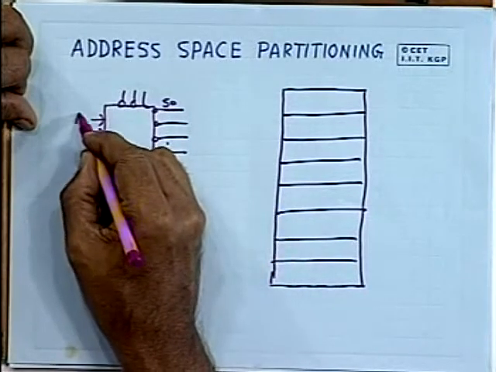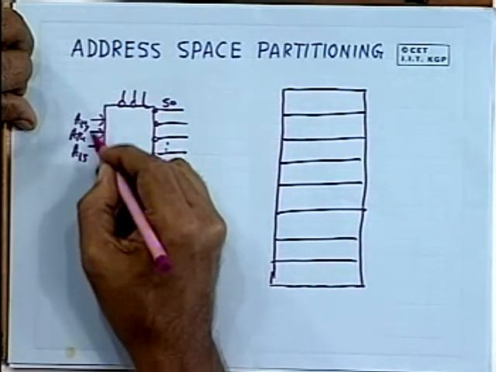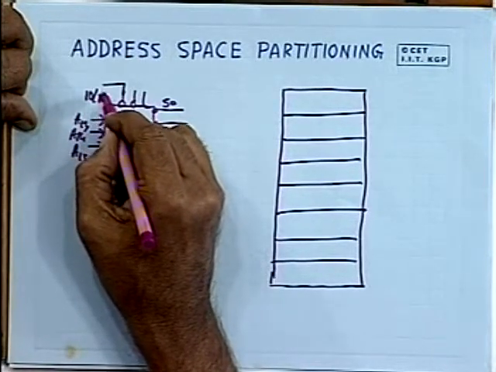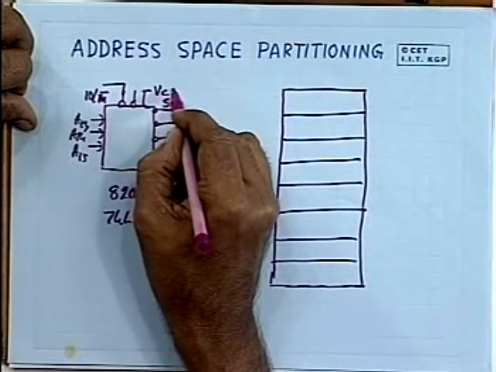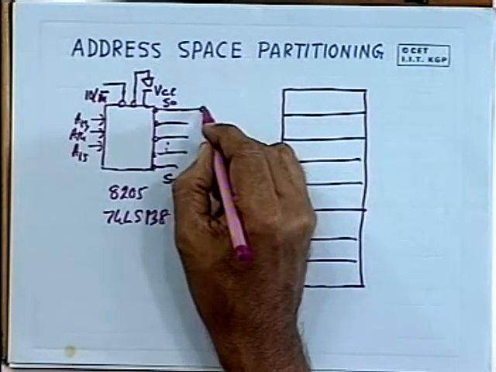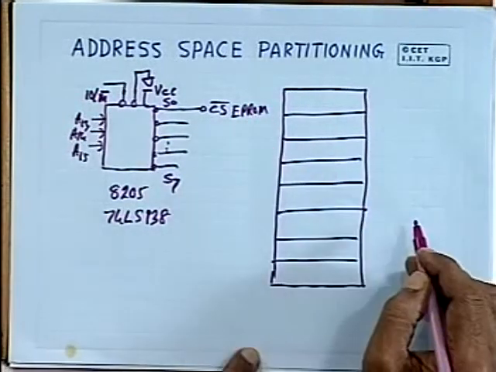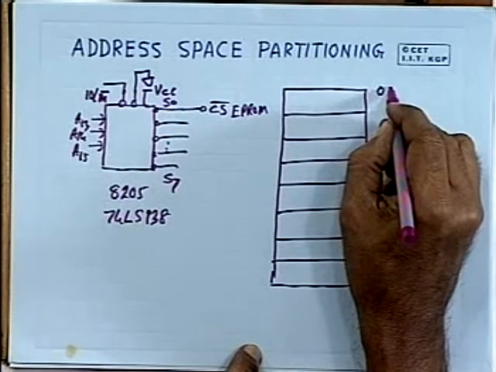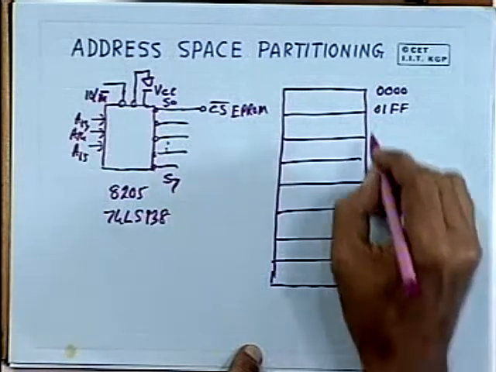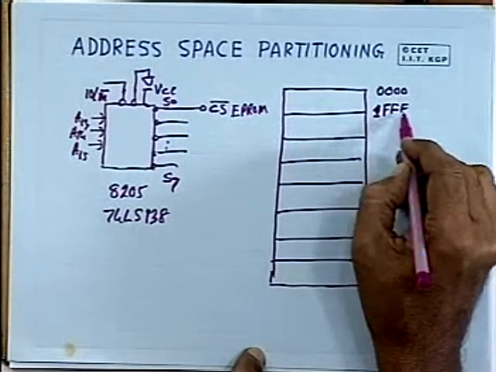So we apply A15, A14 and A13 as the inputs to the decoder, and the IO/M line is used to select the chip, and this can be connected to VCC and this can be connected to ground. And then the S0 is used as chip select of EPROM, and that will put the ROM at the address 0000 to sorry 1FFF, because it will be 8K, so it will be 1FFF.